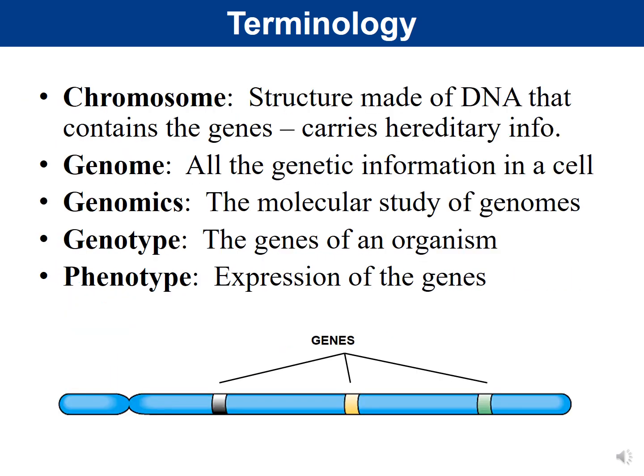So we need a few more terms. And the next term is a chromosome. And a chromosome is a structure made of DNA that contains the genes, meaning it's used to carry the hereditary information. And so if we look at this diagram on the bottom here, what you're going to see is that you're looking at a linear chromosome in this case.